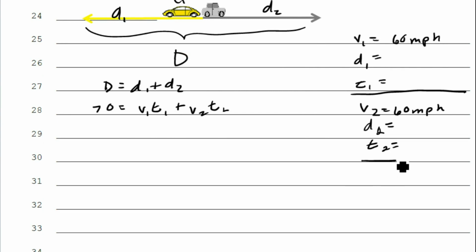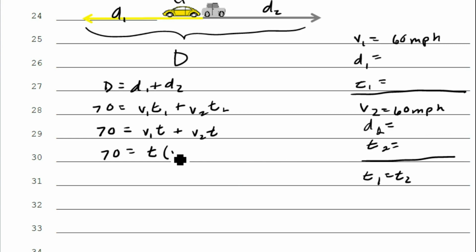And we know that T1 equals T2, so we can replace it with just a generic T with no subscript. So 70 equals V1T plus V2T. We can factor out the T of V1 plus V2 and take the term with the variable, put it on the left side, and 70 divided by V1 plus V2.